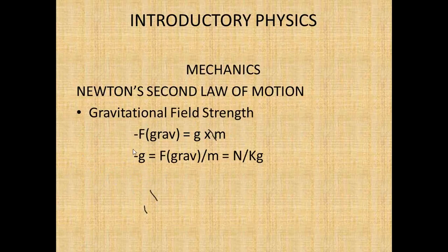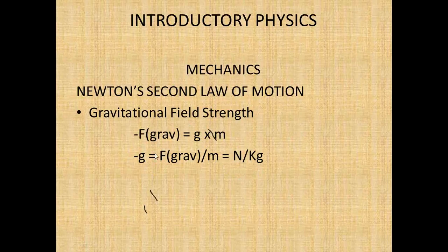So if you solve for that, the acceleration due to gravity is equal to the gravitational force divided by the mass. We know gravitational force is in newtons and mass is in kilograms. So the gravitational field strength is in newtons per kilogram.